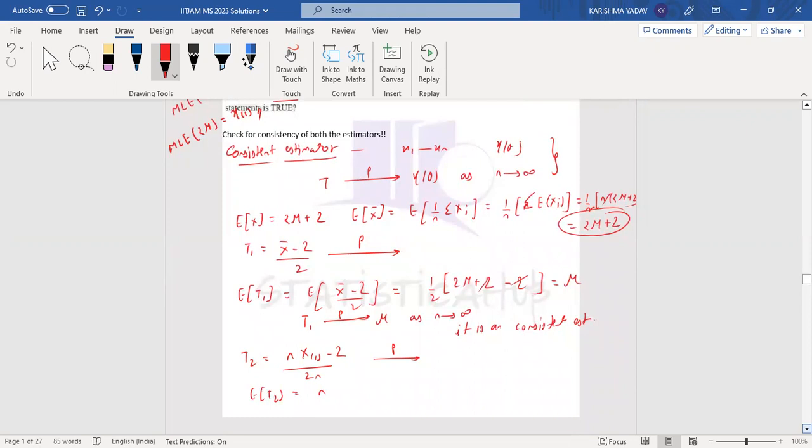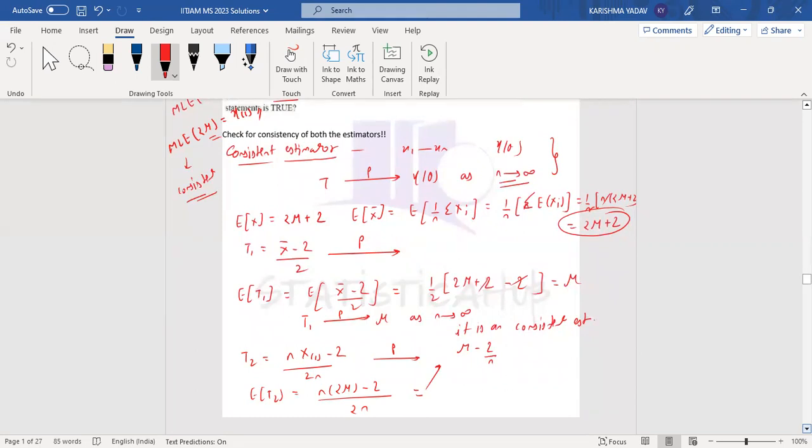Since the MLE is a consistent estimator, x1 is 2 mu. So we get 2 mu minus 2 upon 2n, which gives mu minus 2 by n. And we are checking this as n tends to infinity.